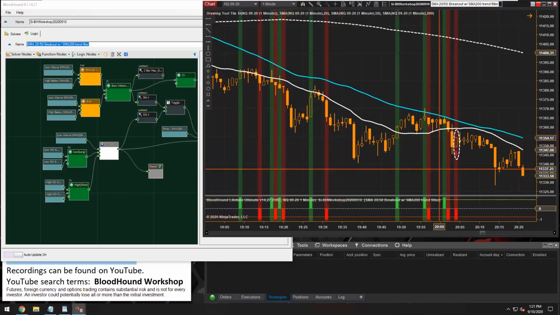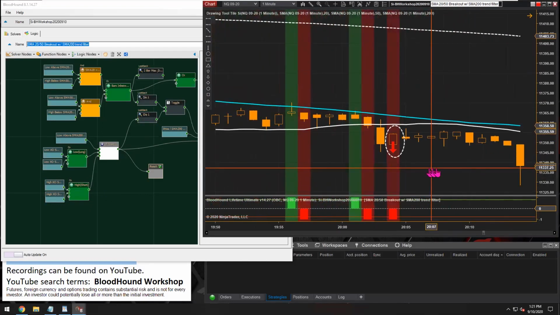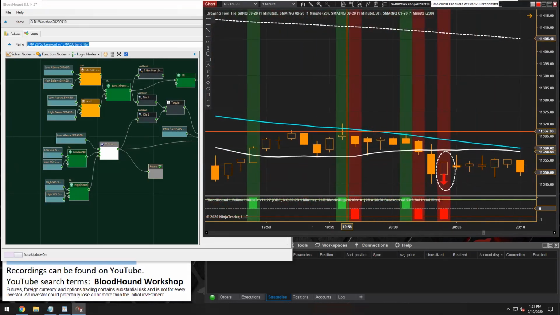And what's happening is, every once in a while, we get the high price crossing above the 50 and then down below the 50, and so we get a short signal here. And this short signal is turning off the toggle node.